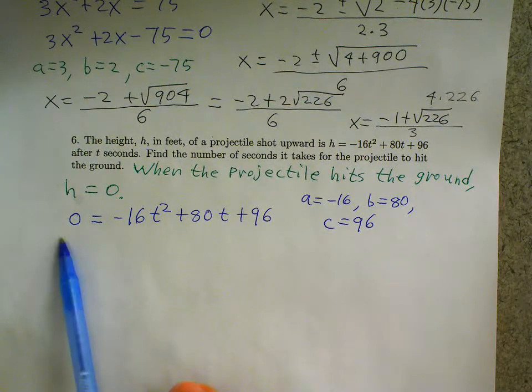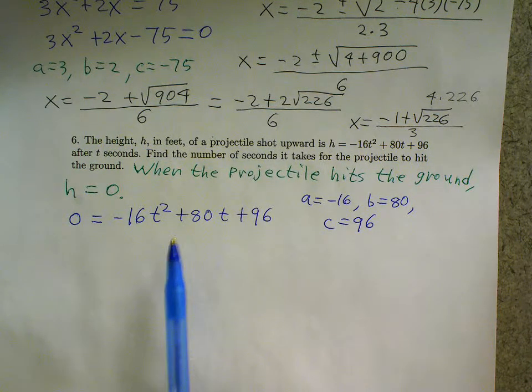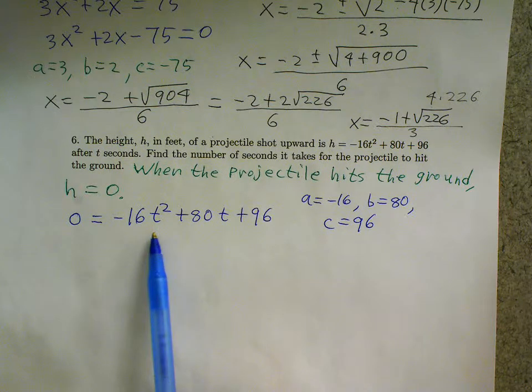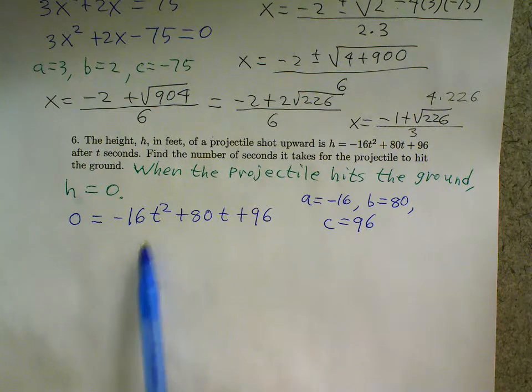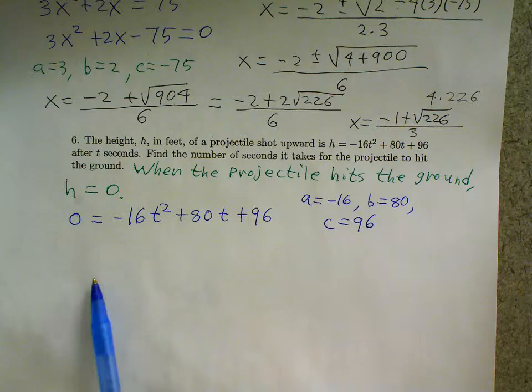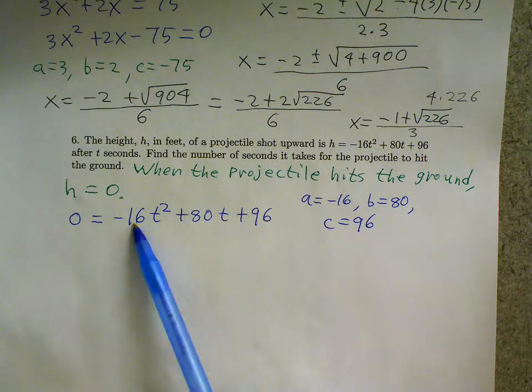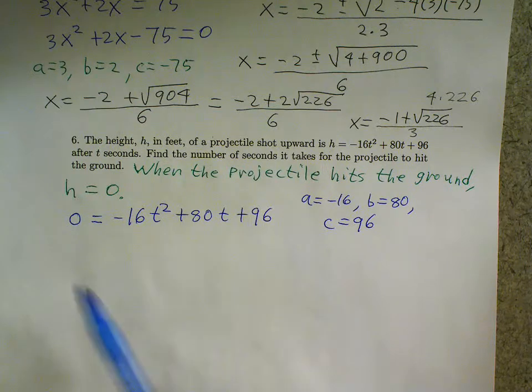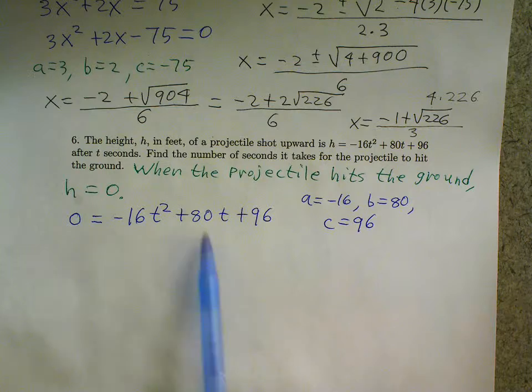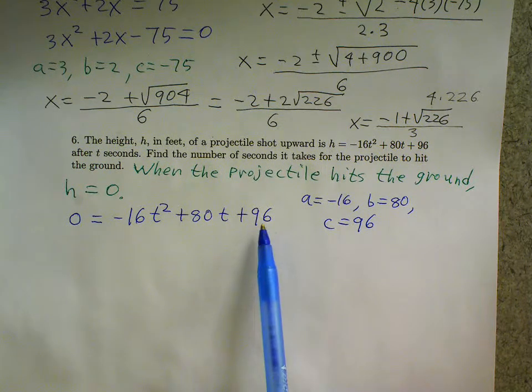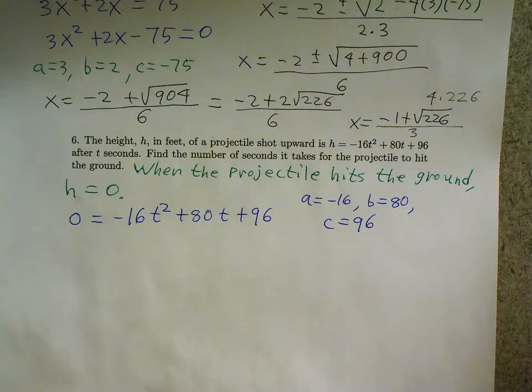But I'll take this opportunity to suggest another thing that can be done that will make the process simpler. Notice that all of the numbers are divisible by 16. 16 goes into 80 5 times, and 16 goes into 96 6 times.